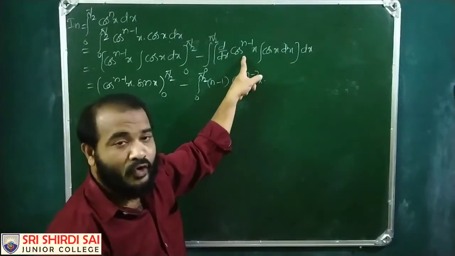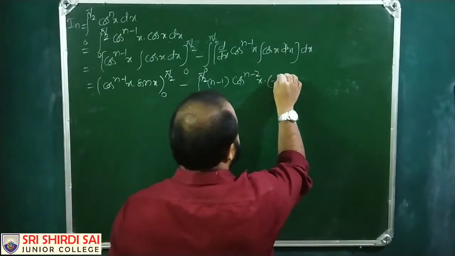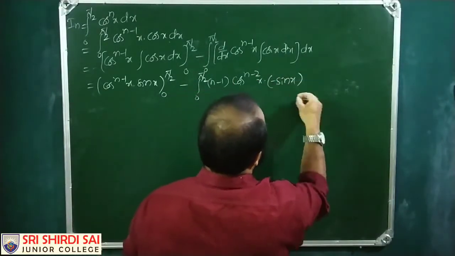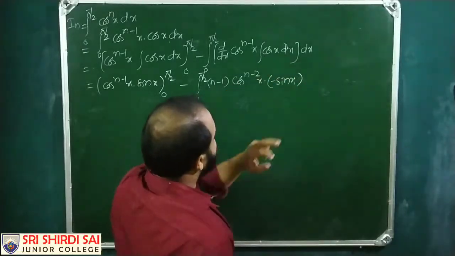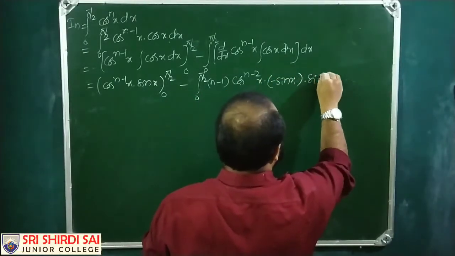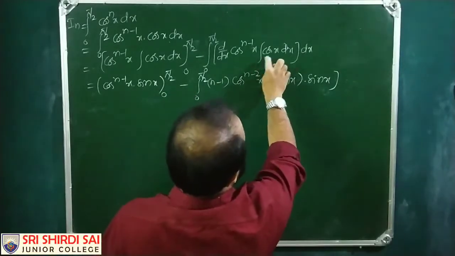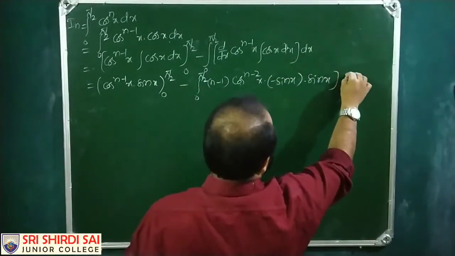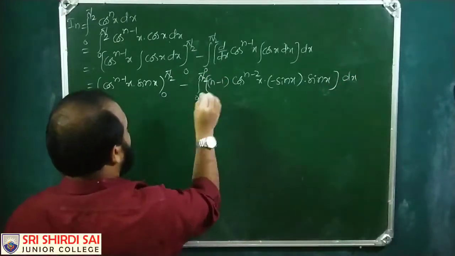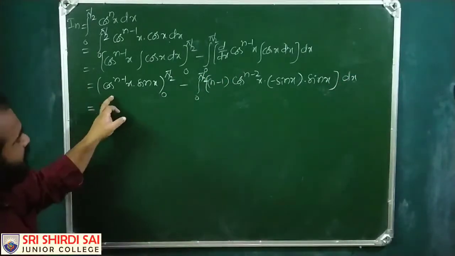What is d by dx of cos x? Minus sin x into integral cos x dx, which is sin x, whole dx. Integral cos x dx is sin x. This dx is dx. Okay, so you substitute.